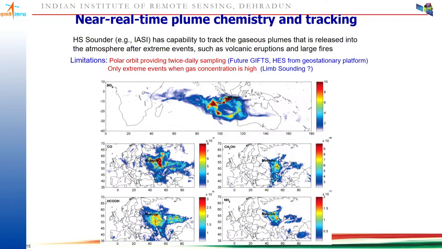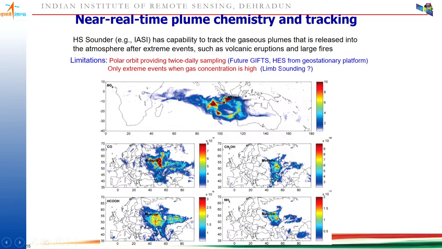All this goes into the modeling, and then we can predict the track of the pollution from one place to another place. So these hyperspectral observations have improved medium range forecasting or weather forecasting systems, and they provide a very important input in climate monitoring aspects.